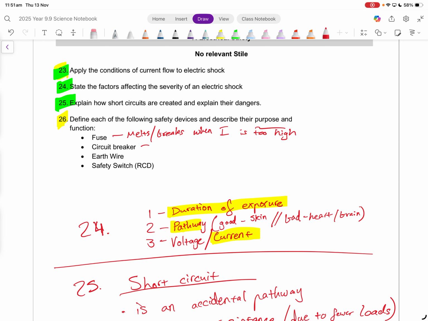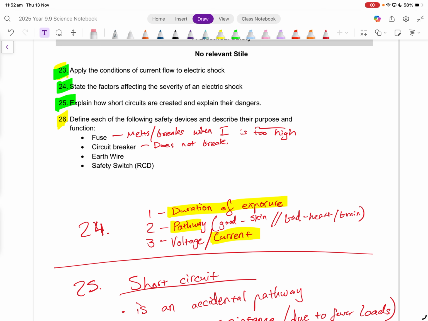A circuit breaker. Can anyone tell me what makes a circuit breaker a little bit different? It can be reset. Great. So, it does not break. But what flips it off then? I want to relate these two things. If it doesn't break, how does a circuit breaker actually work? Is it the magnetic force? Excellent.